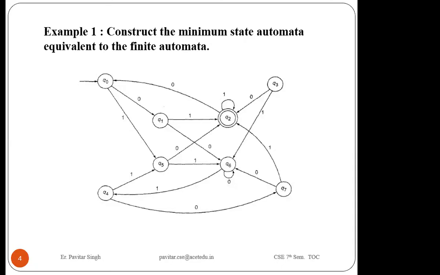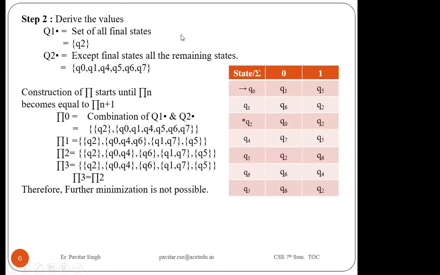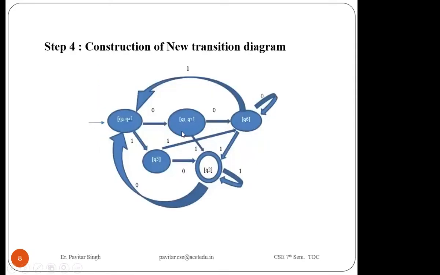So this is your original question, the diagram. After this, we have drawn the table and we have removed the Q3 state because it is acting as an unreachable state. After that, we have done the derivation of values. Then this table, on the right hand side, you can see on the board this table and the final diagram.